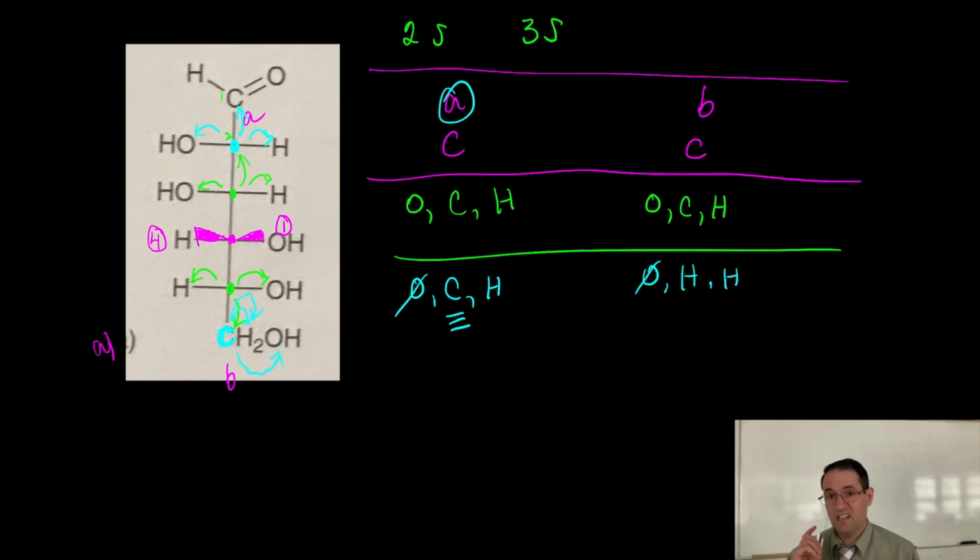That's the winner. Chain A is up on top. So this whole group right here is going to be priority 2. And this whole group, the B chain, is going to be priority 3. Okay? If we drive the car, it's 1, 2, 3. It looks counterclockwise. But since the hydrogen's coming out, we get the opposite result, which means it's R. So that's going to be 4R.